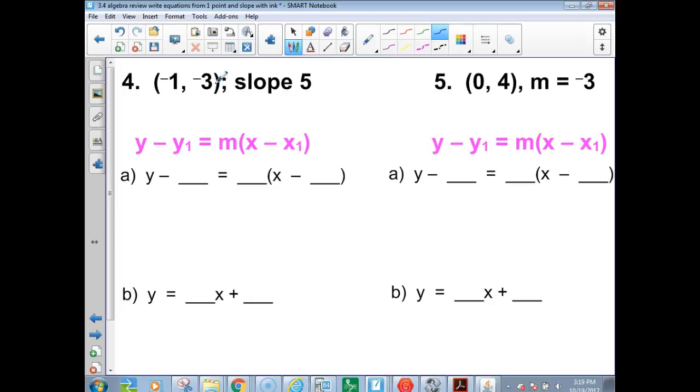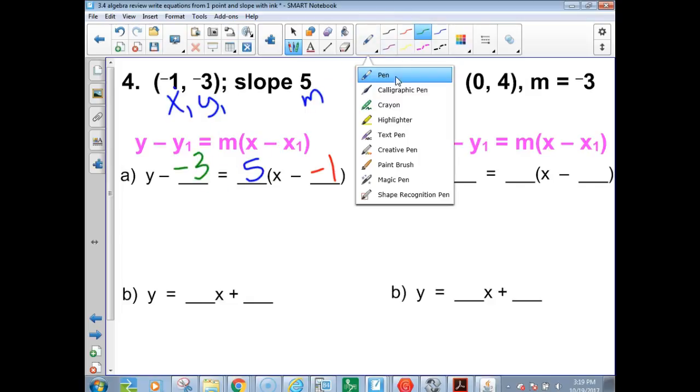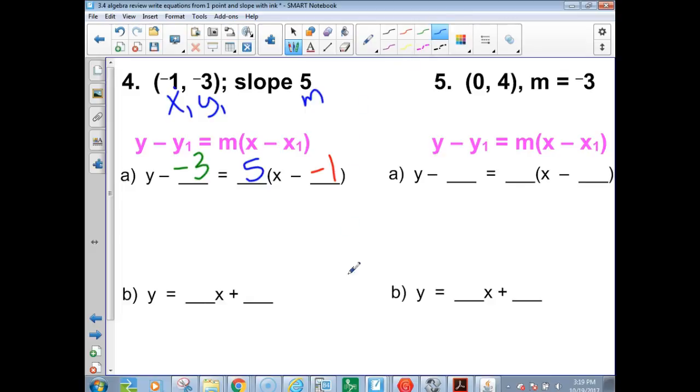All right, so here we have our x1, y1, and our m. Put in the m of 5. Put in your x1 here, negative 1. Put in your y1 of negative 3. And then simplify. Okay, we've got y minus negative 3, which would be y plus 3, equals 5 in the parentheses, x plus 1.